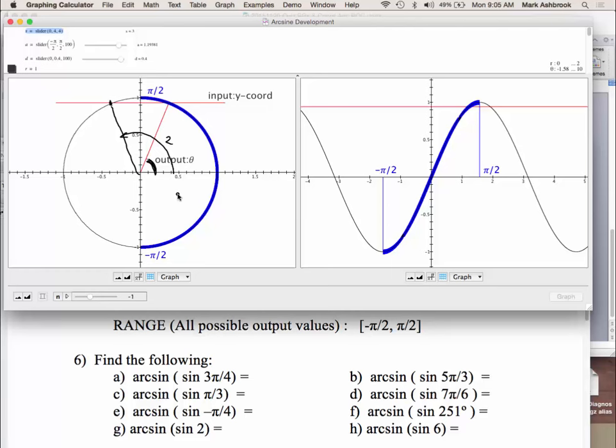Look in quadrant 2. Look what's happening in quadrant 2. Do you see anything in quadrant 2 that relates to this angle right here? Yes, right. That's what we should be looking at. This angle right here, that openness, will be the same as this openness that we want.